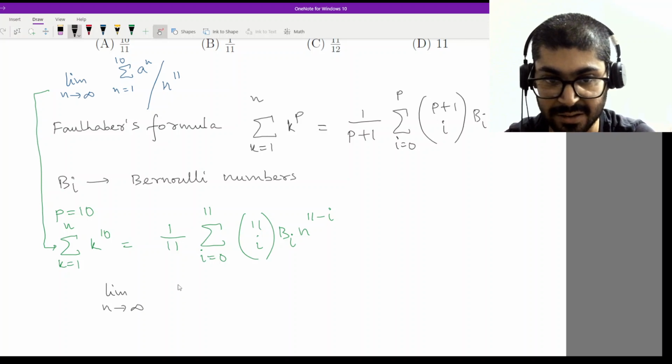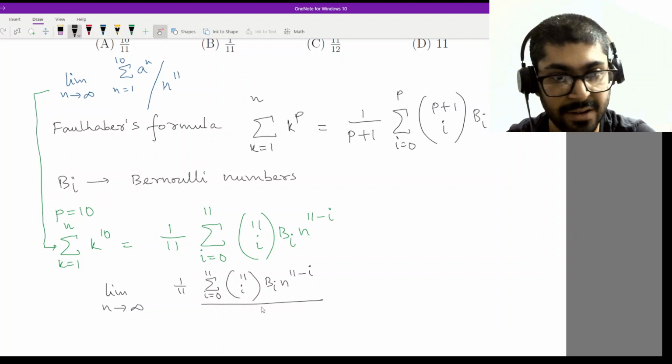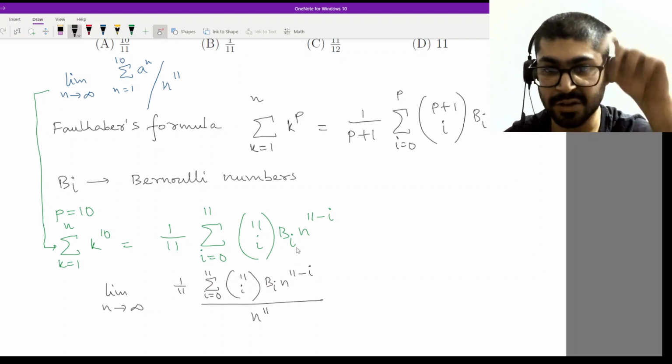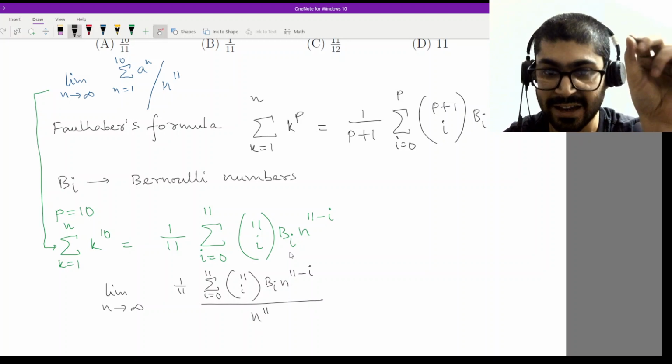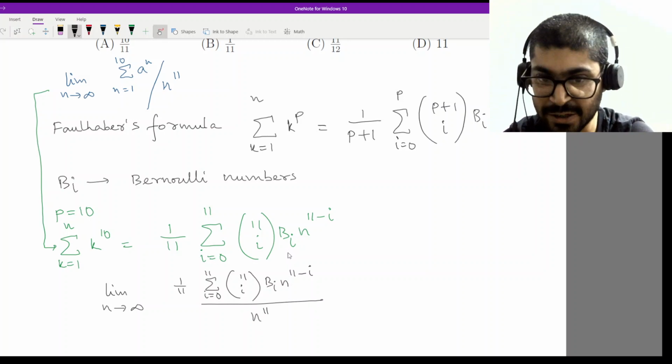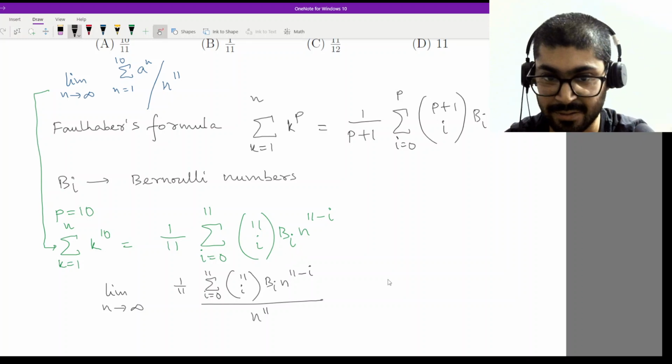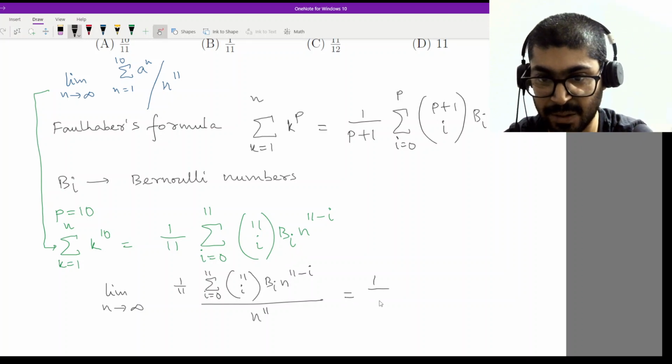If I have this thing, it is basically 1 by 11 sigma i equal to 0 to 11, 11 choose i, b i, n to the power 11 minus i, and I'm dividing it by n to the power 11. So the first term when i is 0, right, that will be 11 choose 0, b0, n to the 11. Alright, so I'll start with, let me keep 1 by 11 outside.